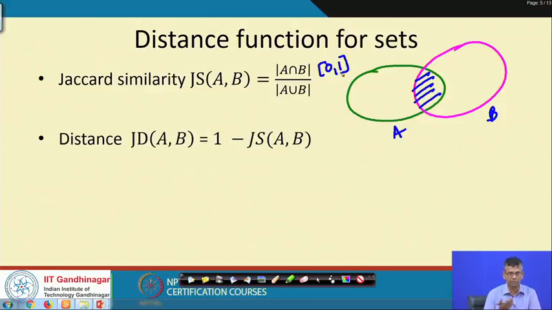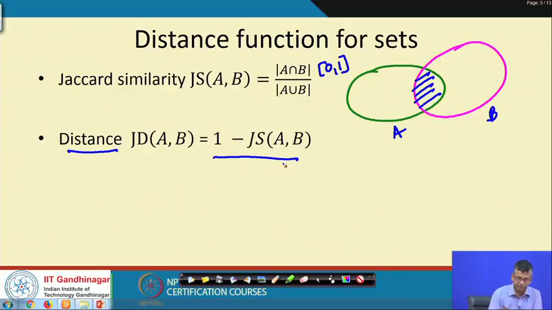Jaccard similarity of A with A would be 1, and if the two sets are completely disjoint, Jaccard similarity would be 0. Corresponding to this, we can define a notion of distance function. Jaccard distance is not as commonly referred to, but it is basically the same thing, and Jaccard distance is 1 minus Jaccard similarity. If we are talking about a metric, Jaccard distance obeys all the properties of a metric.